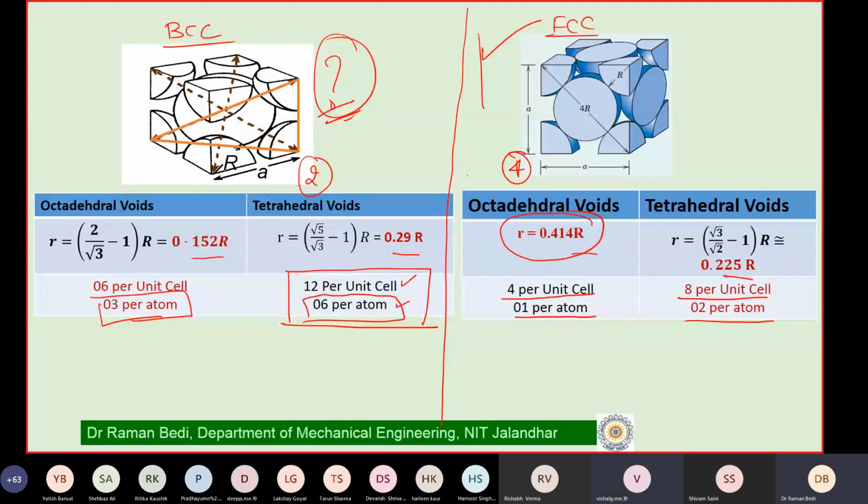So in the case of FCC lattice, which voids are larger? विशाल गुलाटी. यस सर. हाँ जी.